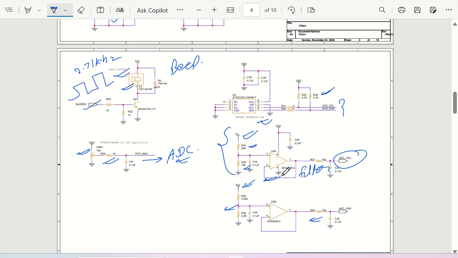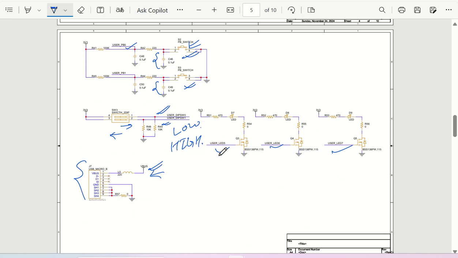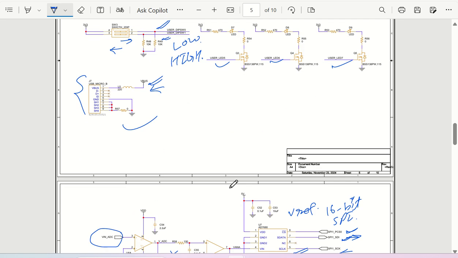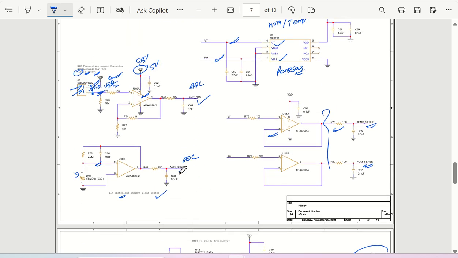We have filters and ADCs. Then we have user IOs and USB connection. Then we have ADC and multiplexers and everything. Then we have sensors like temperature sensors, ambient sensors and all those things.